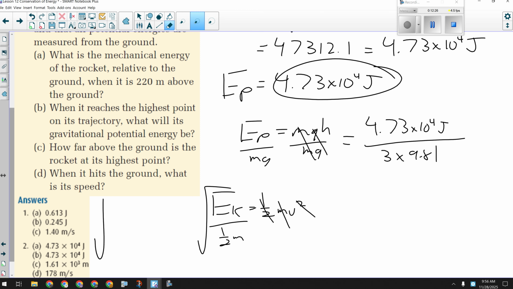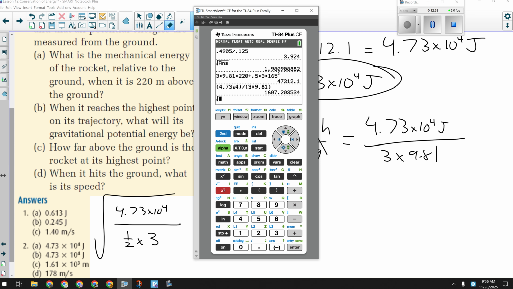What we'll plug in there is 4.73 times 10 to the 4 joules divided by 1/2 times 3, square root the whole thing. So square root of bracket, 4.73 E4, divided by 1.5.